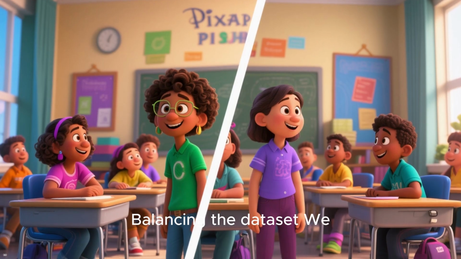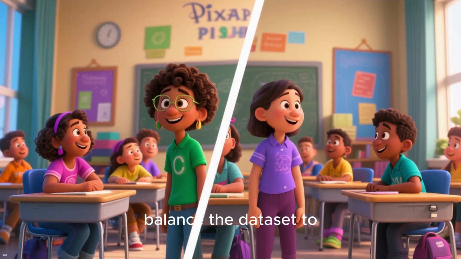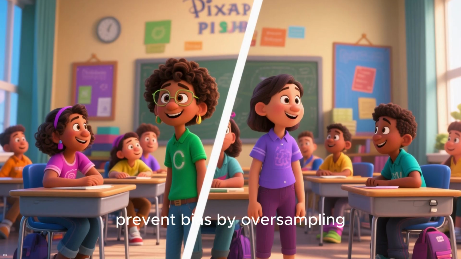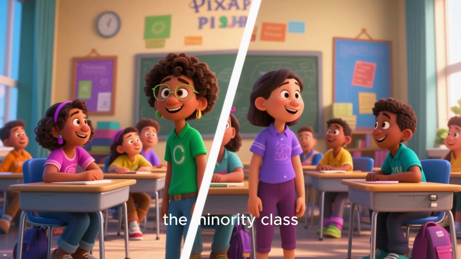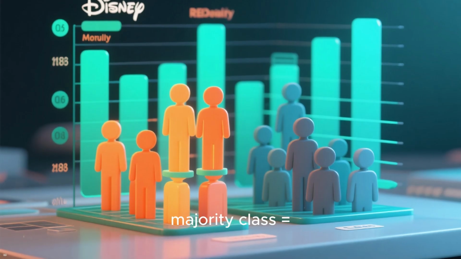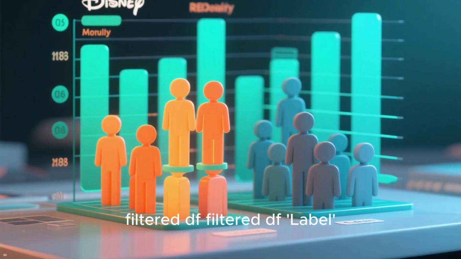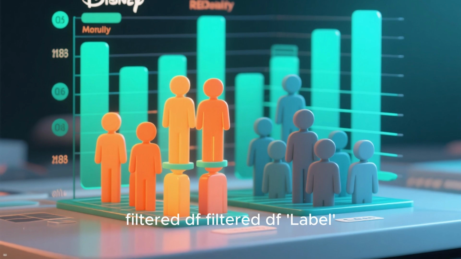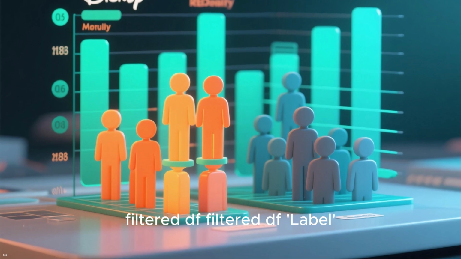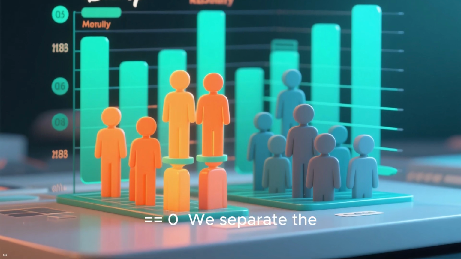Balancing the dataset. We balance the dataset to prevent bias by oversampling the minority class. majority_class = filtered_df[filtered_df['label'] == 0].